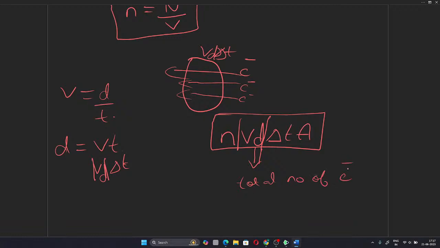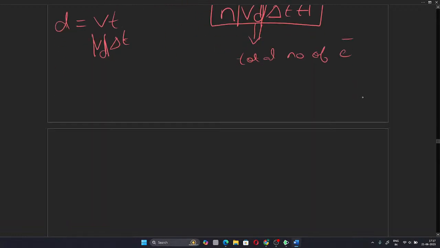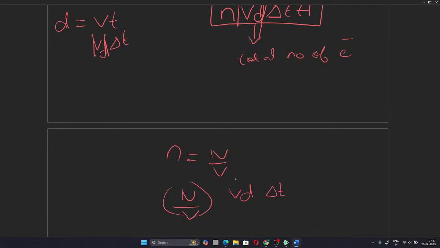How is that true? I told you that n equals N by V. So substitute in this equation: N by V times Vd times delta t and times area.